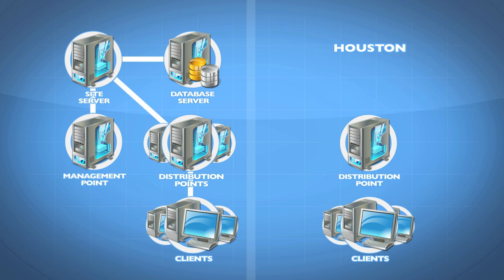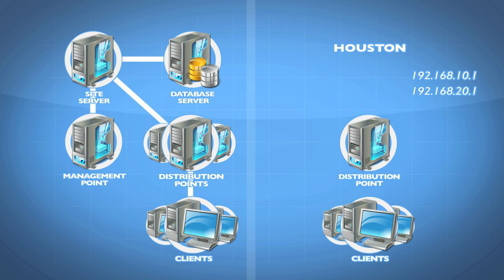So let's say in Houston I have a subnet of 192.168.10.1 as well as 20.1. I have two subnets in Houston. Both of those subnets exist at that location, and our clients can be on either one of those two subnets.